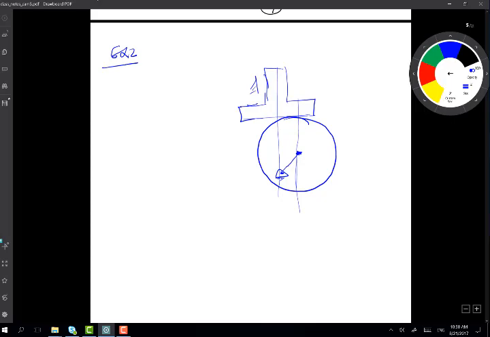So this now becomes a circular cam rotating a flat faced follower, right? So this is the circular cam, and this we call the flat faced follower.